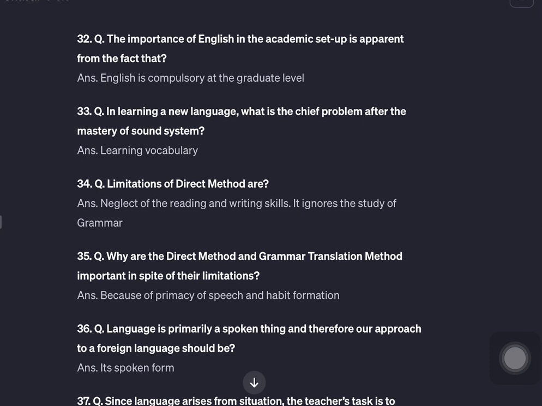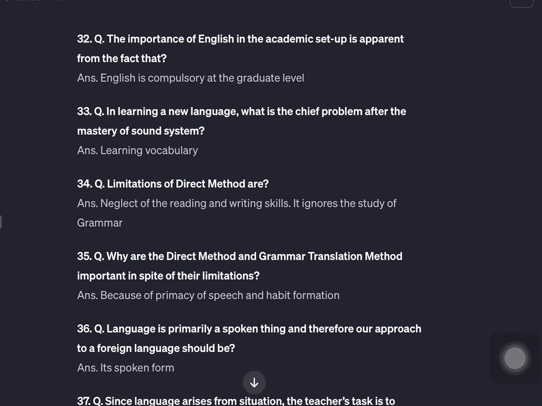Ans. Learning vocabulary. 34. Q. Limitations of direct method are? Ans. Neglect of the reading and writing skills. It ignores the study of grammar. 35. Q. Why are the direct method and grammar translation method important in spite of their limitations? Ans. Because of primacy of speech and habit formation.